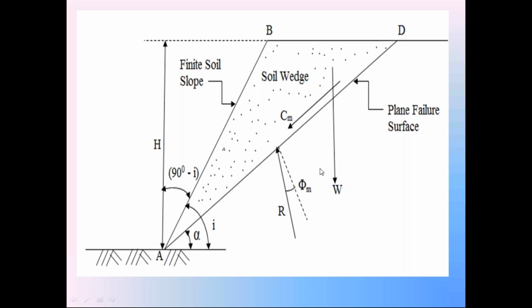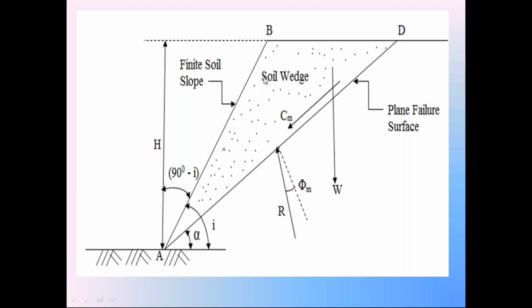Then you know that we can resolve this weight into components, normal component and tangential component. So please everyone check this diagram. Here, between the side slope AB and the wedge failure surface AD, this portion is called the side wedge. If this side slope AB is subjected to failure about this failure surface AD, this side wedge portion moves in a downward direction.